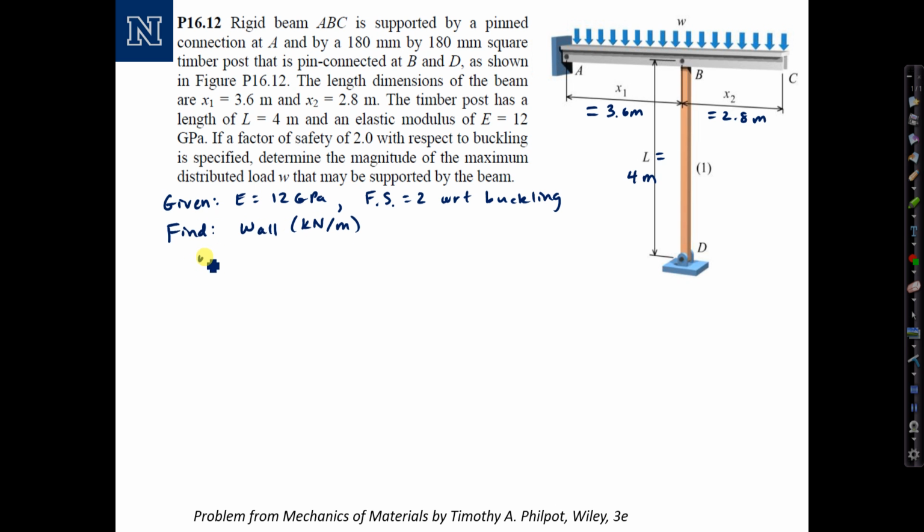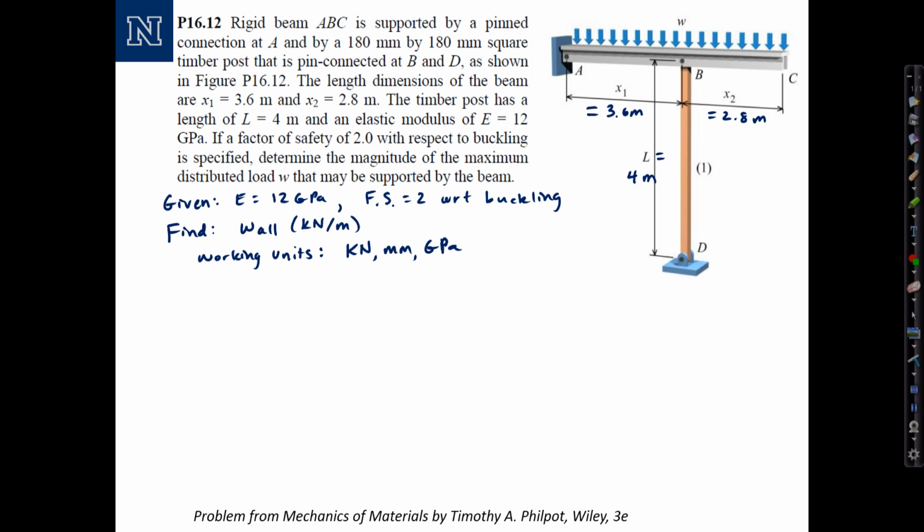For our working units, since E is given in gigapascals, and we know a stress, a gigapascal is a kilonewton per millimeter squared. At least for the start of the problem, our working units will be kilonewtons, millimeters, and gigapascals for calculating the stress and the critical buckling load.